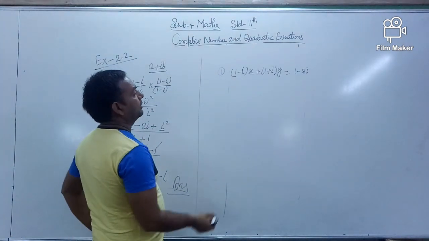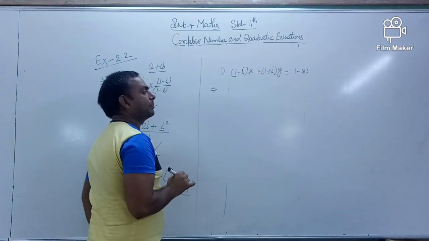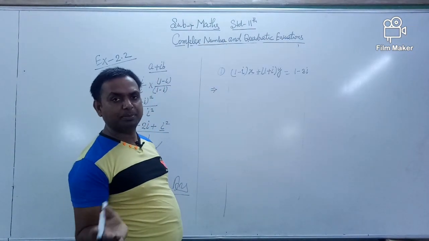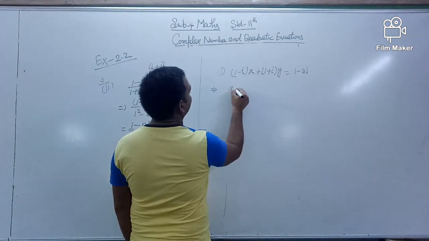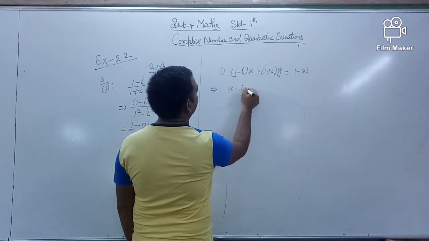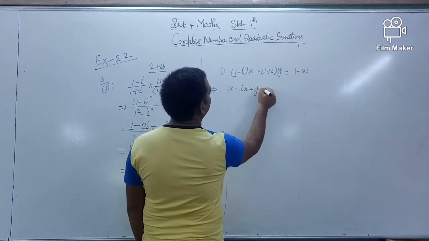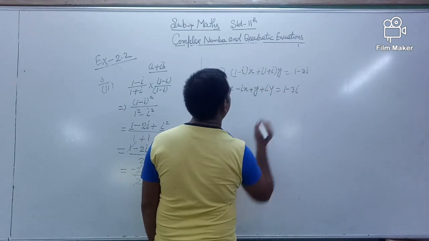You see, first you take the imaginary parts with imaginary parts and real parts with real parts. So 1 into x, that is x, minus ix, plus y and plus iy, that is equal to 1 minus 3i.